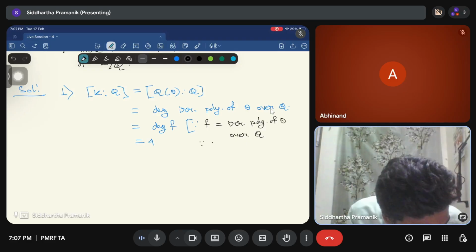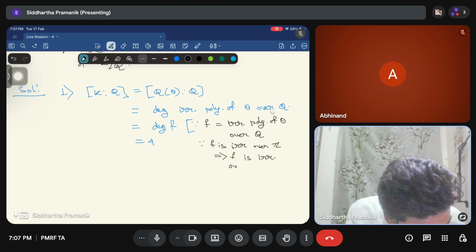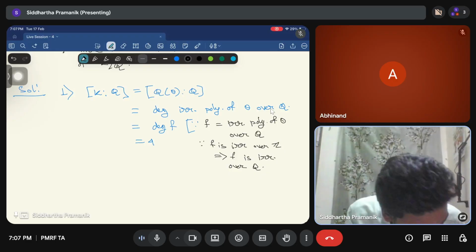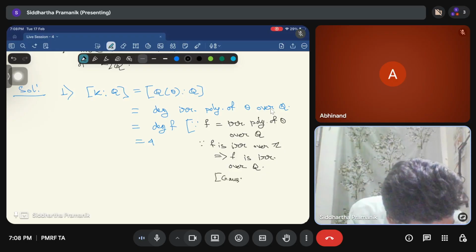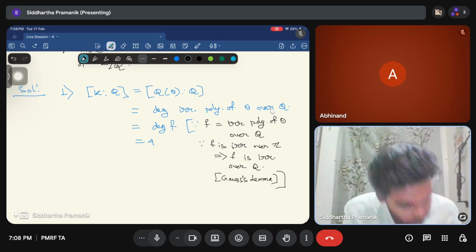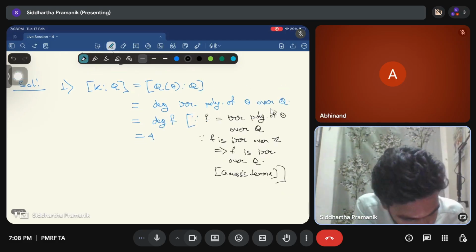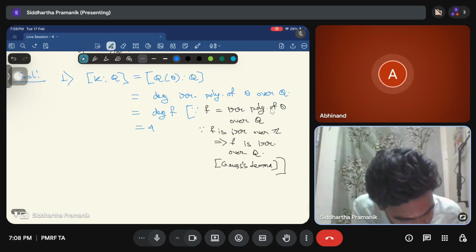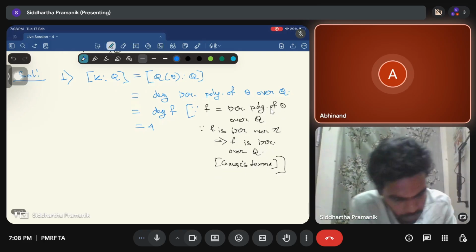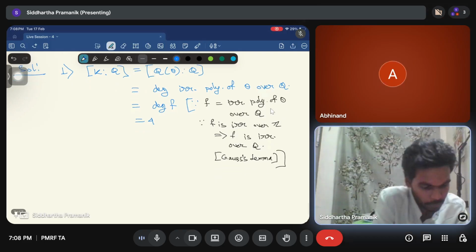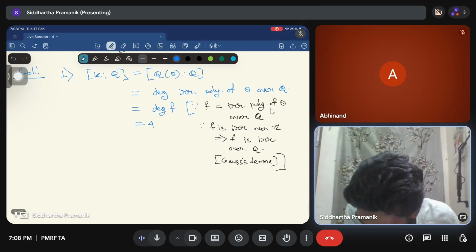This is because f is irreducible over Z, which implies f is irreducible over Q, and this is because of Gauss's lemma. I hope it is understandable. Yes, sir, we did it while proving Z is a UFD. Yeah, it's a property of UFD, so this has already been done.